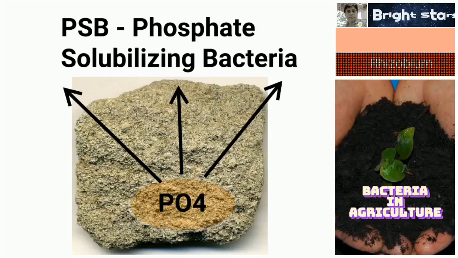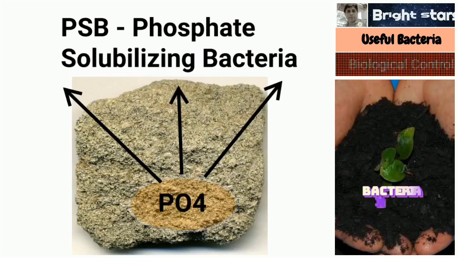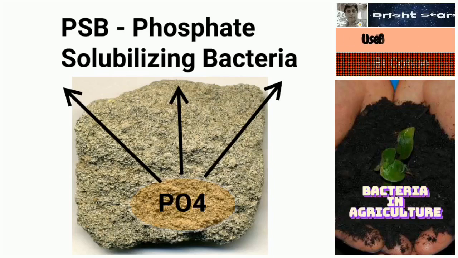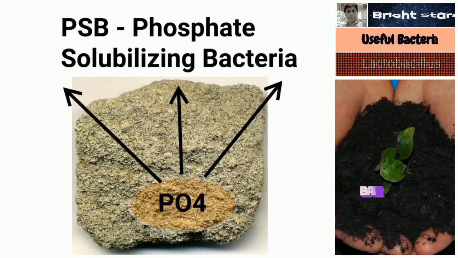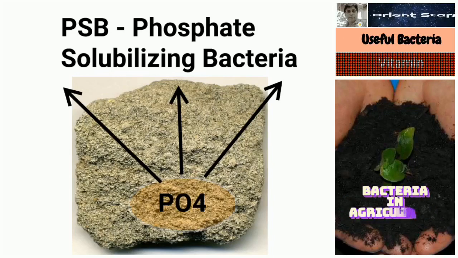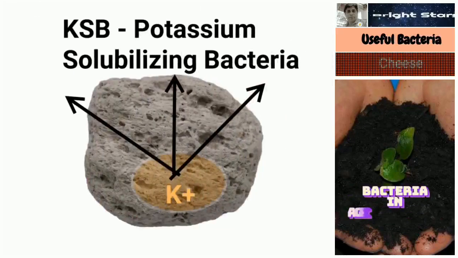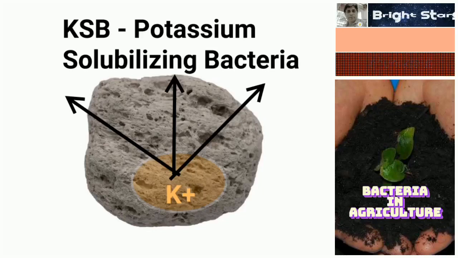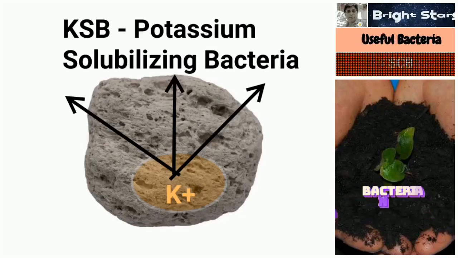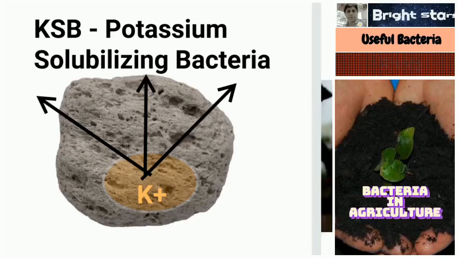But bacteria like PSB, phosphate solubilizing bacteria, convert the fixed phosphate in rocks into useful PO4 minus ions. These ions are absorbed by plants. In the same way, KSB, potassium solubilizing bacteria, transform the fixed form of potassium into K plus ions.